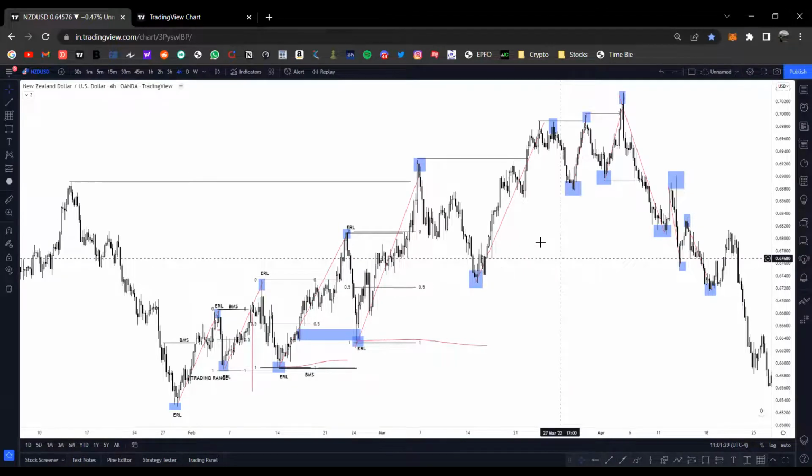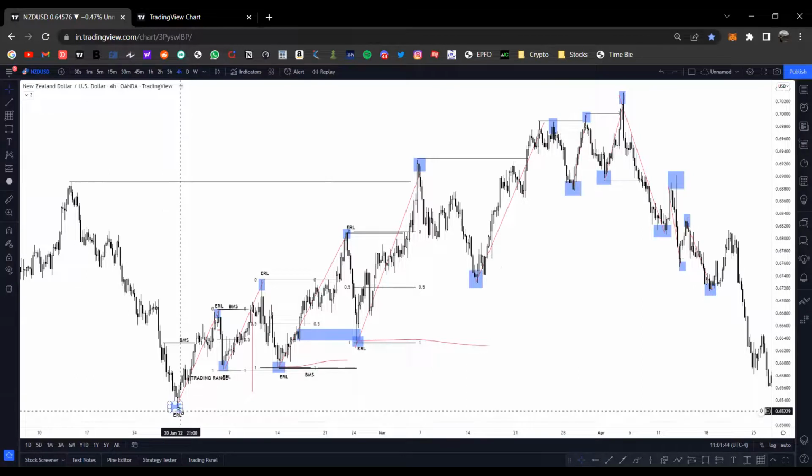Okay. Good. I see one more thing in this chart. On your right side at 0.6900, where you have marked the external liquidity. Price at 0.6900.